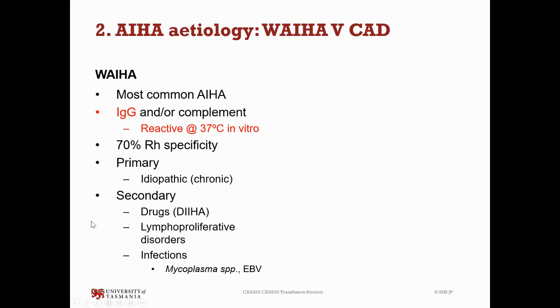So when we see drugs there, that means medications. So lymphoproliferative disorders and infections can cause them too. So usually the predisposing conditions are those that affect or involve the immune system. So autoimmune conditions or, in fact, infections.